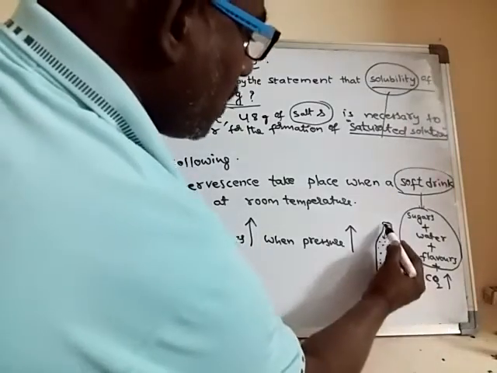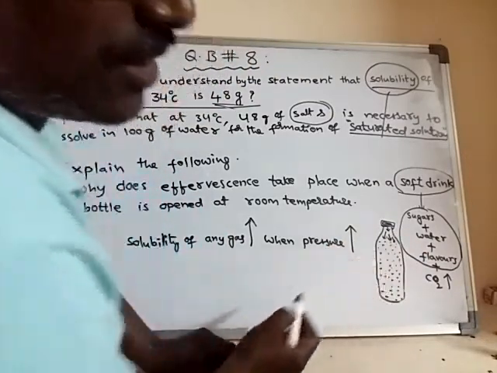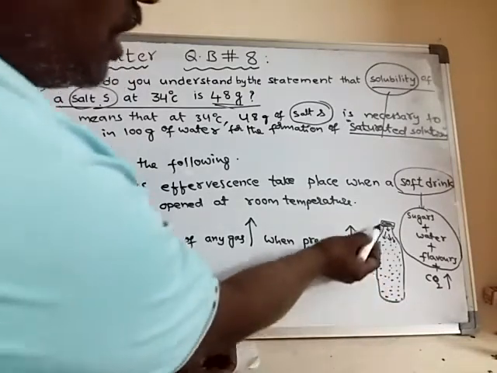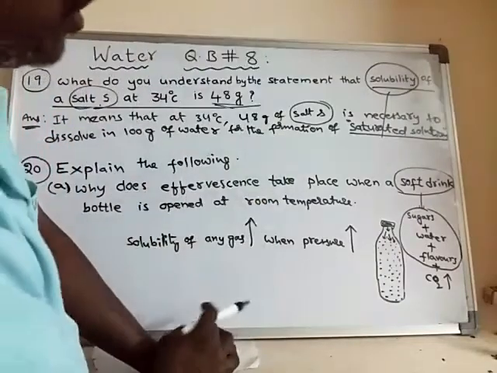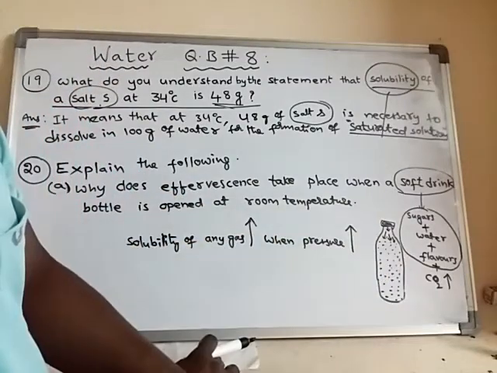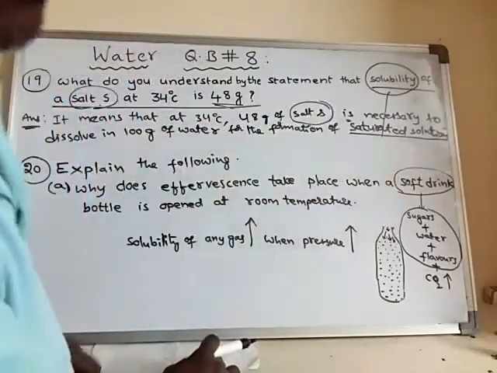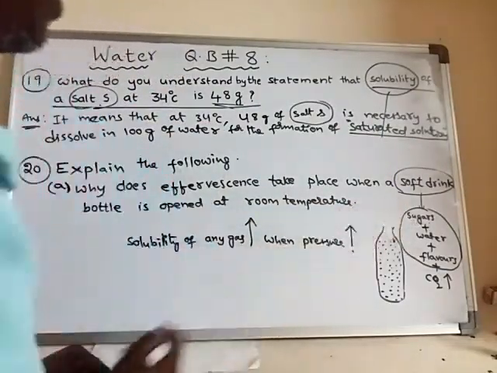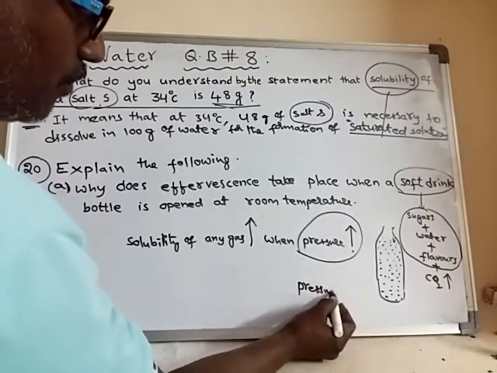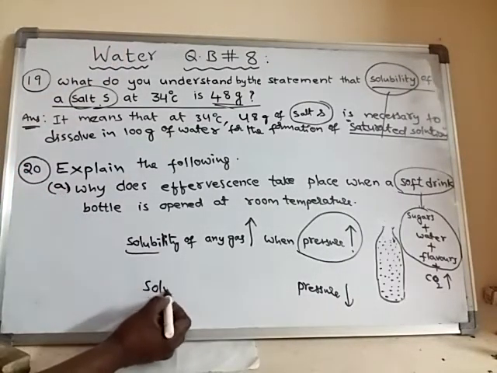That means when the gas is under sealed condition, as there is high pressure, a large amount of carbon dioxide gas is dissolved in this solution. Now, if you open this, what happened? Pressure is decreased. Whenever pressure is lowered, the solubility of gas also decreases.